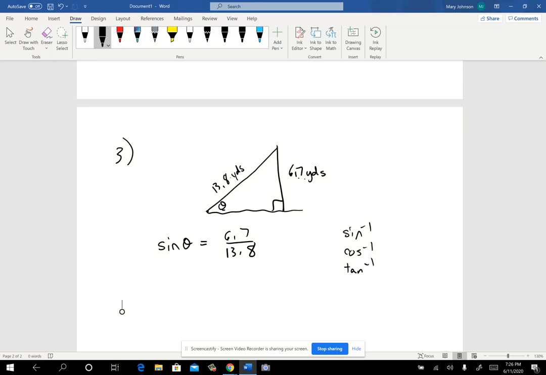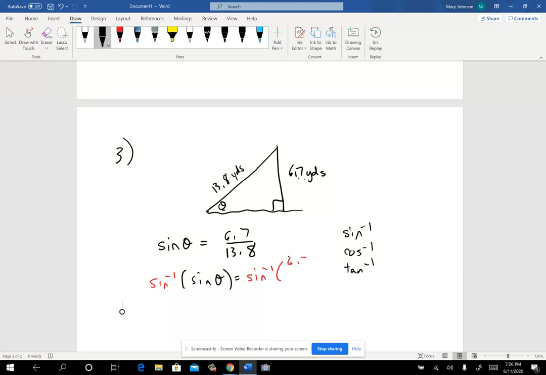So here's the idea. We're going to do sine inverse. It's like we're composing functions, but they just don't really get into the why of it that much, but that's what's really going on. We're going to do sine inverse on both sides, okay?